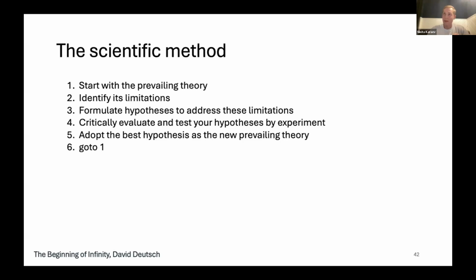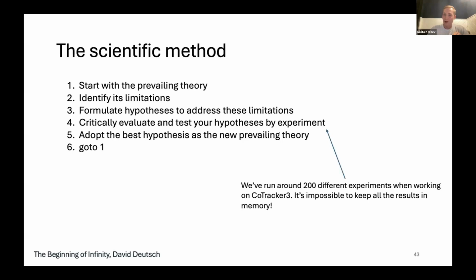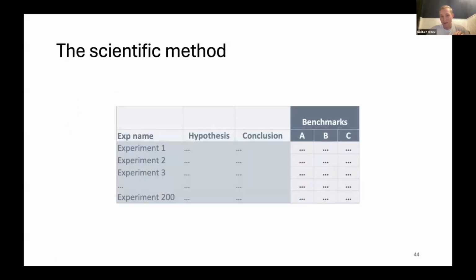So why is it important here? What does it have to do with CoTracker? In CoTracker3, for example, we did around 200 different experiments, and it would be impossible to keep all of these results in memory. So we had to write them all down somewhere. Another thing that we have done here is we had such a table, which is a template of the table that we had for the work on CoTracker3.